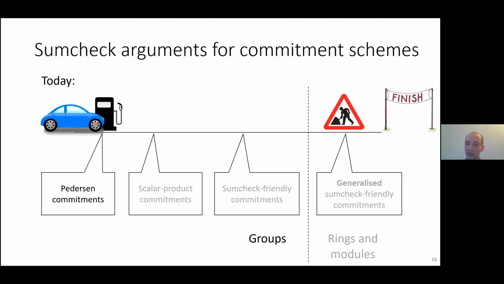And then finally, at the very end of the talk, we'll generalize just one step further, and we'll give some hints about how the protocols can be made to work in very general rings and modules. In particular, this lets you see how to come up with lattice instantiations and how to give succinct arguments based on lattice assumptions.